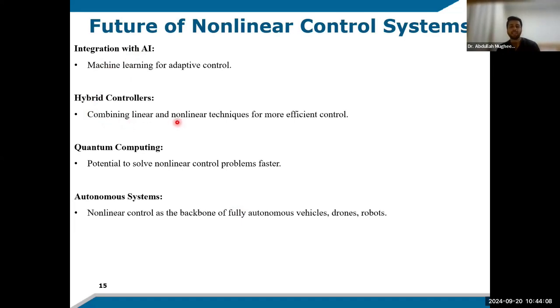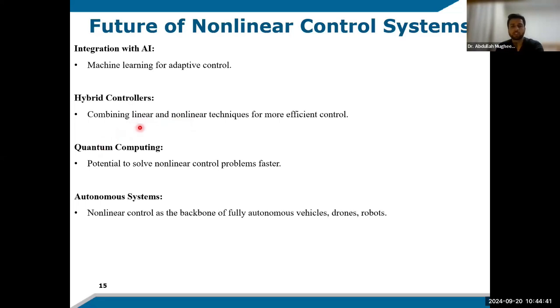If the task is simpler, use the linear controller. But if for the same system the task is now something complex, we'll just shift to nonlinear control. So the system is more stable. It performs better because better decisions are being given to this same system. Okay. So by combining linear and nonlinear techniques, we are not overkilling something, right? But if required, we have the capability to kill a bigger bee, right?